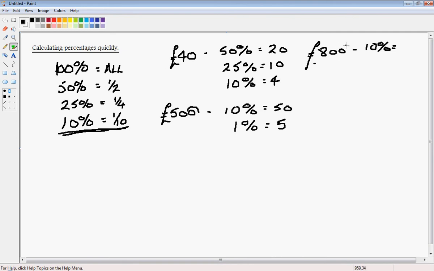The decimal point we know moves back 1, so we get 80. Now 1%, remember, is 1/10 of this amount. So 80 divided by 10, the decimal point moves back again, so we get 8.